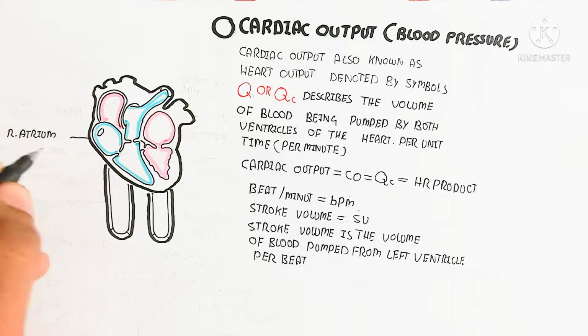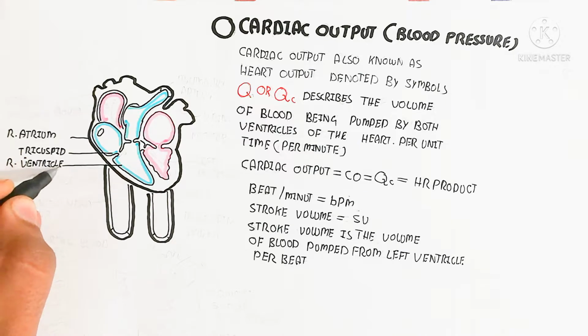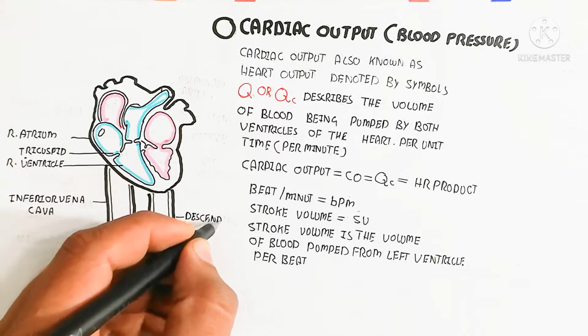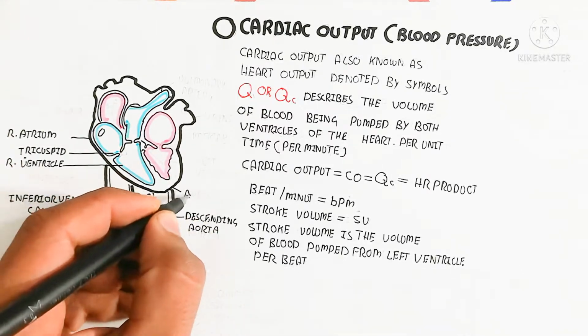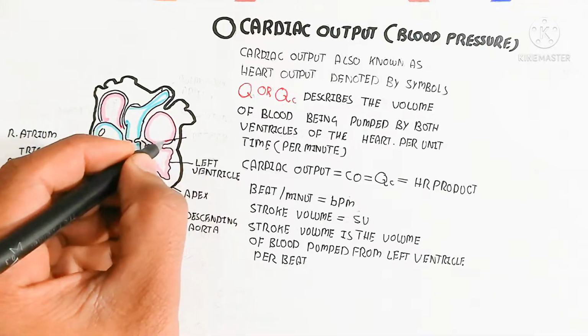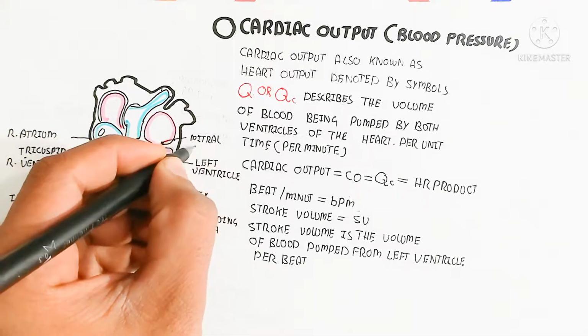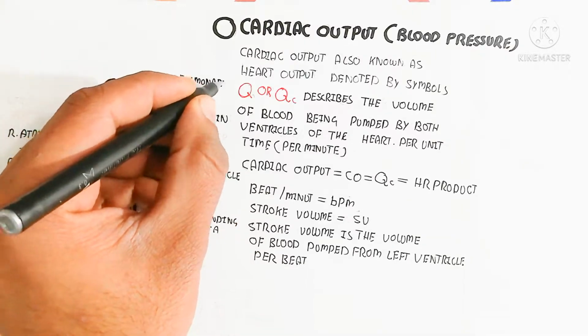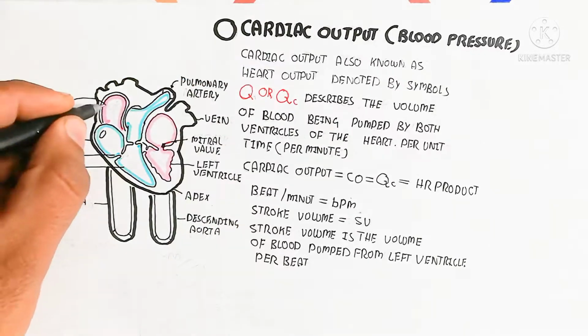So let's begin by recapping the heart structure. Here is the right atrium, tricuspid valve, and right ventricle, with the tricuspid valve between the atrium and ventricle. Here are the inferior vena cava and descending aorta, and here is the apex, and this is the left ventricle and left atrium. Between the left ventricle and left atrium, that valve is known as the mitral valve.